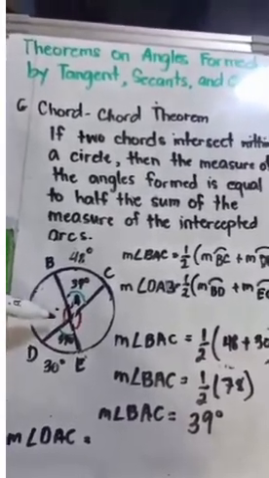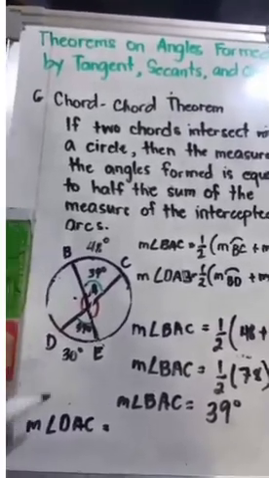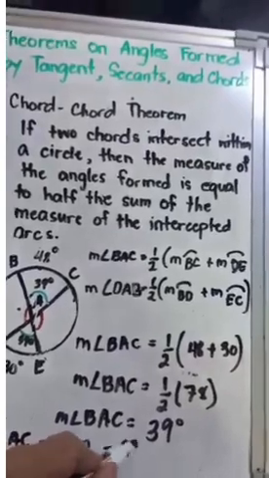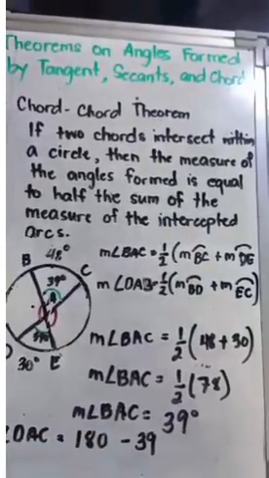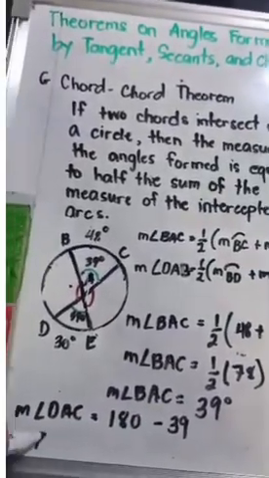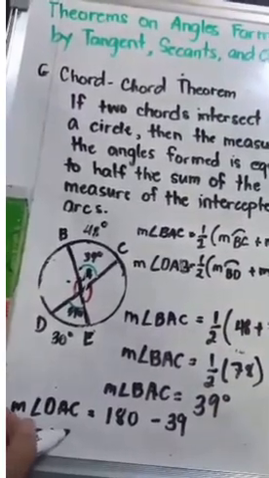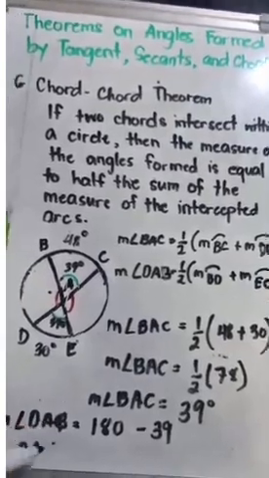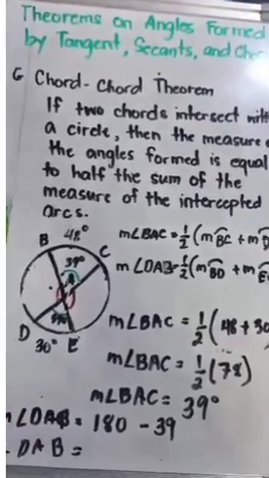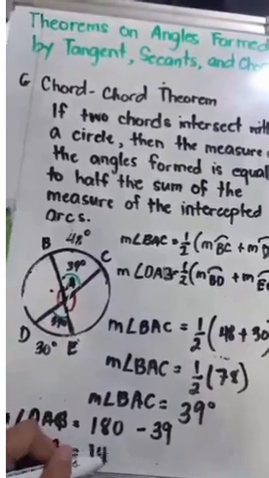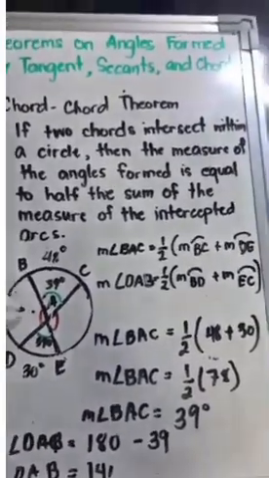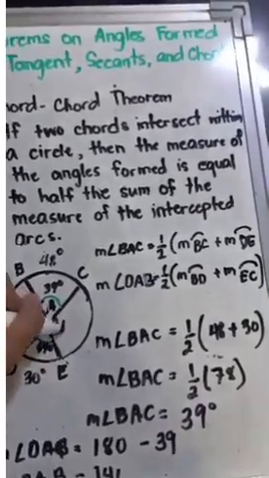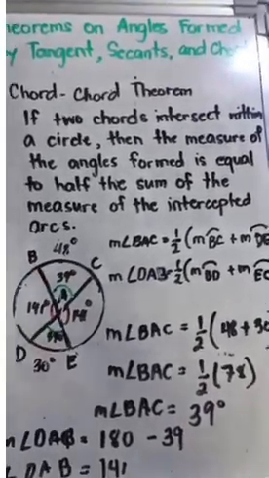So, we subtract 39 from 180. Therefore, the measure of angle DAB is equal to 141. So, this one is 141 degrees, and its vertical angle is also 141 degrees.